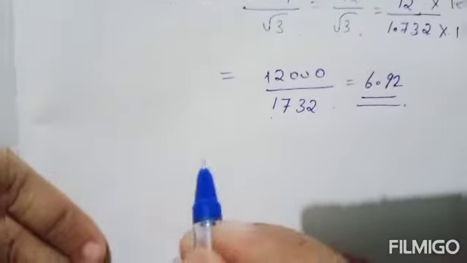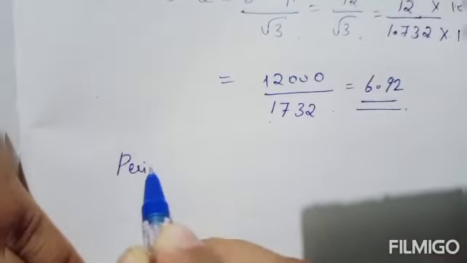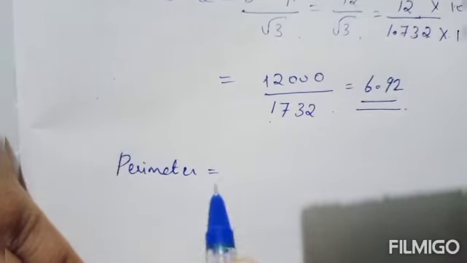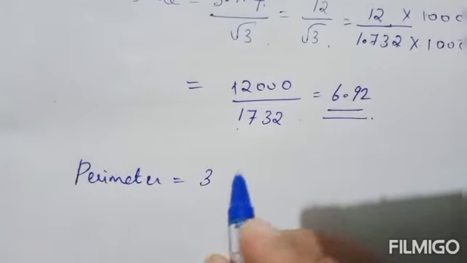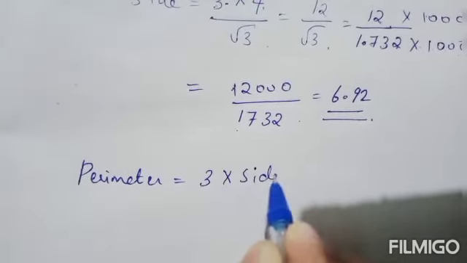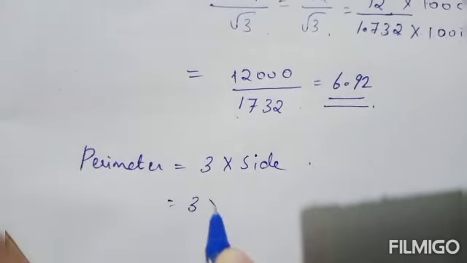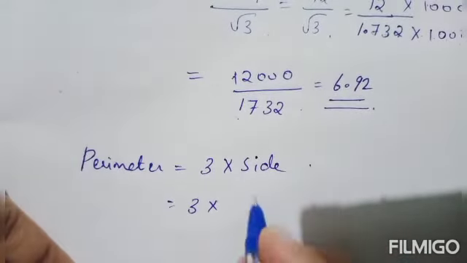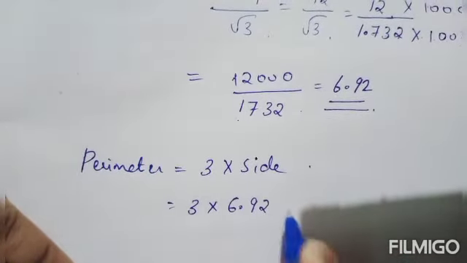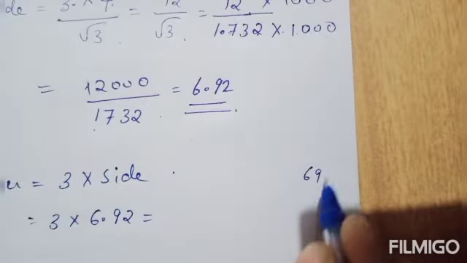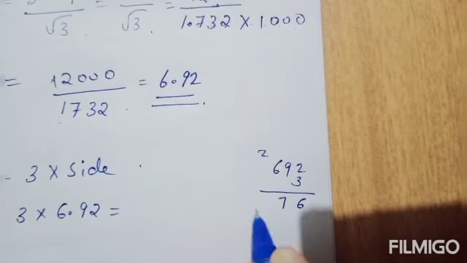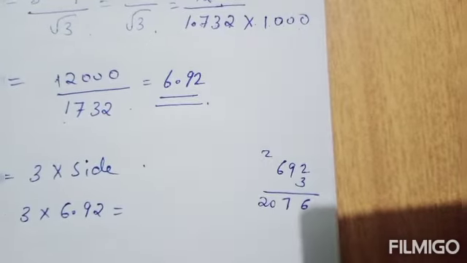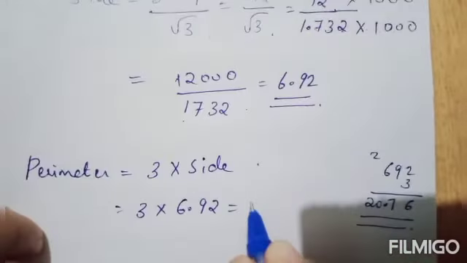Now the question is to find its perimeter. Perimeter of an equilateral triangle, formula you know, is 3 into side. So 3 into side, we got 6.92. Now 6.92 you can multiply by 3. You will get 20.76.